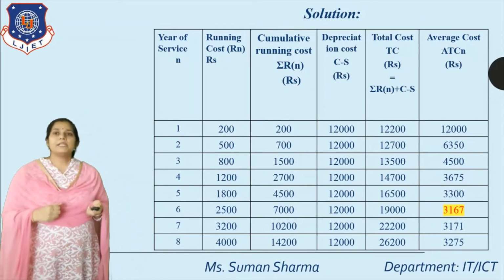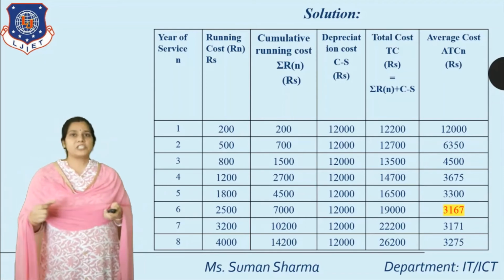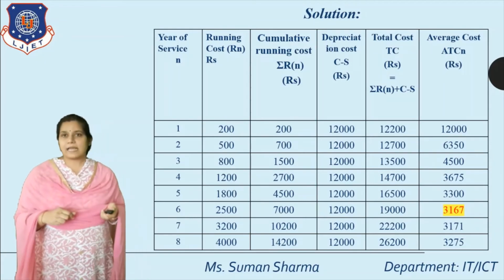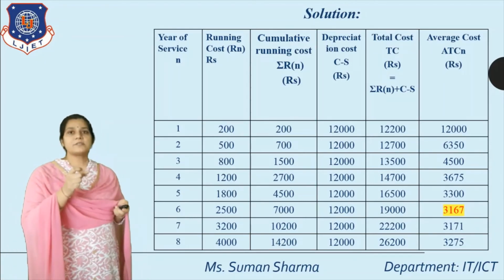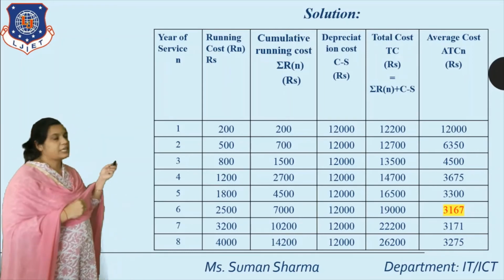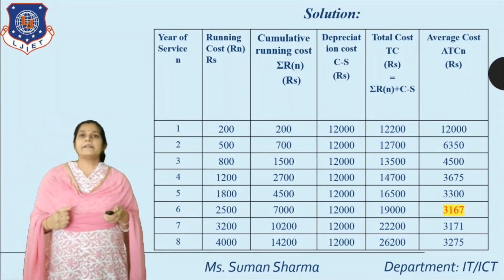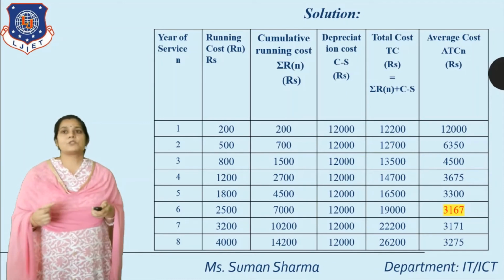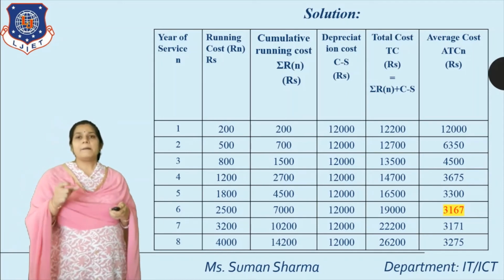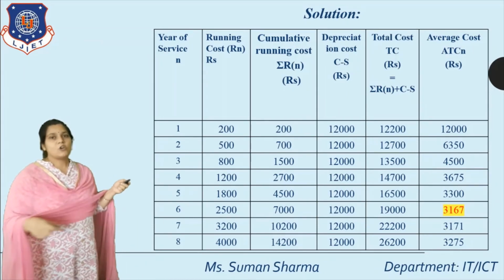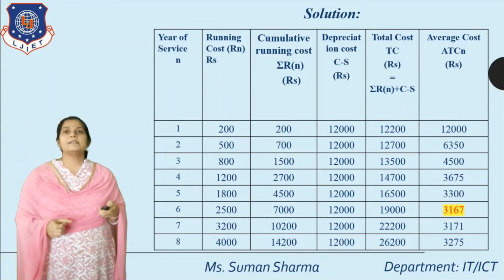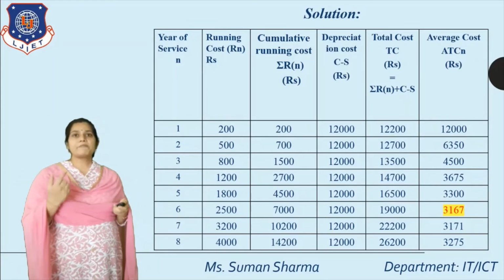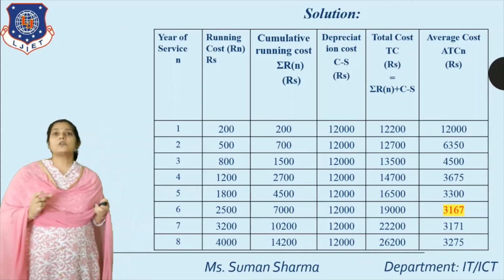After that, we fill the column of depreciation cost, C minus S. Our cost price is 12,200, as we have already seen in our question, and 200 is the scrap value. So 12,200 minus 200, that means all the values we write here are 12,000. After that, we make the total cost.